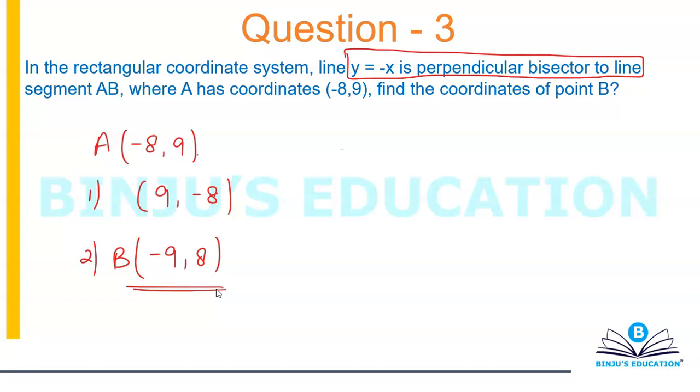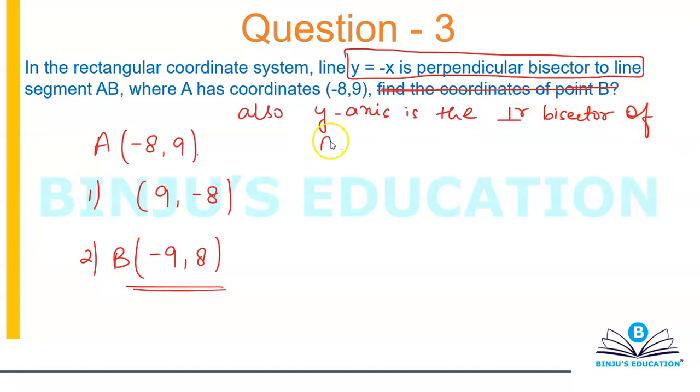Okay, just to make this question a bit more difficult, I can also say that y is equal to minus x is the perpendicular bisector to line segment AB, where A has coordinates minus 8 comma 9. And I can also say that y-axis is the perpendicular bisector of BC.